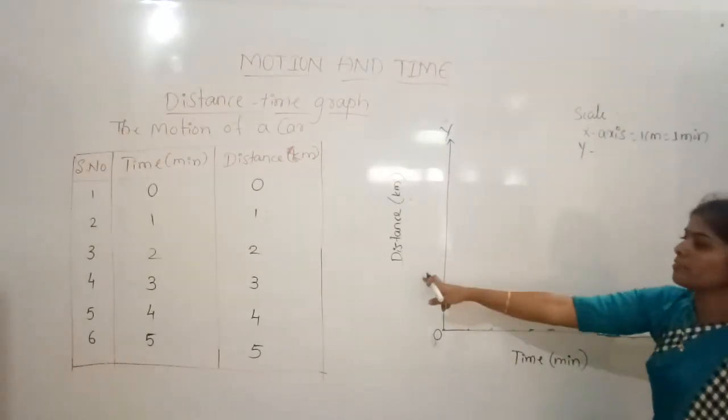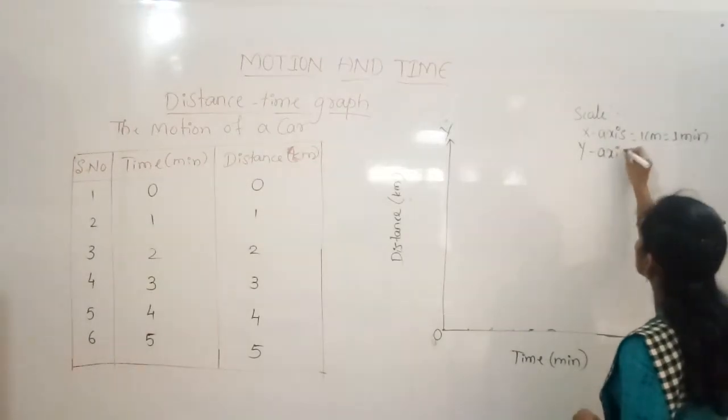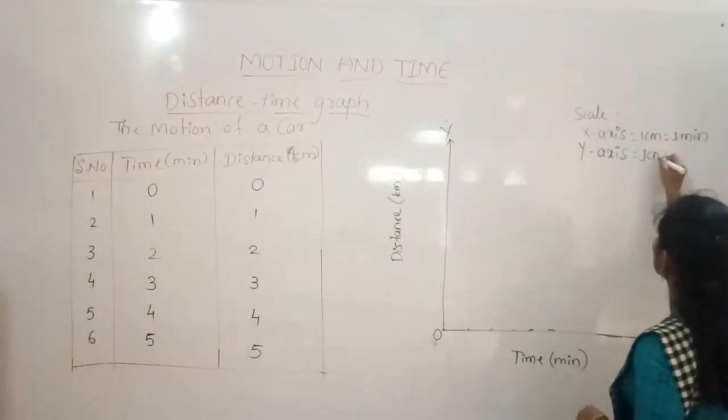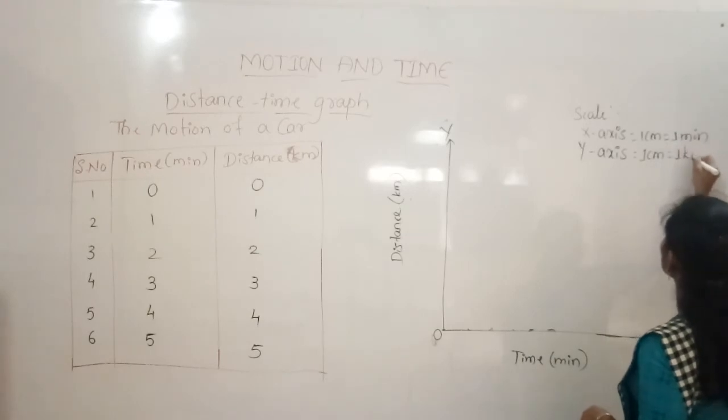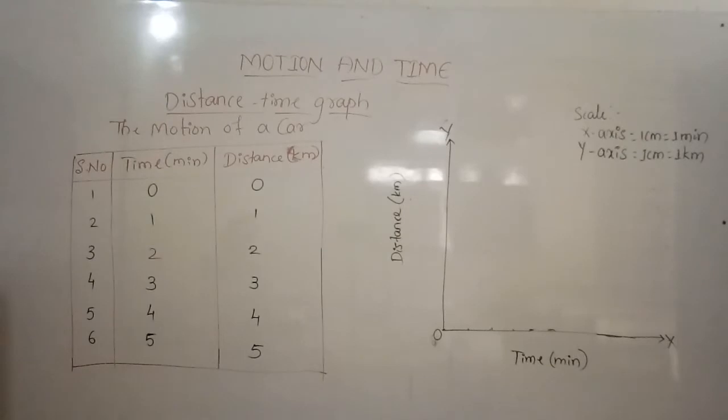Along the y-axis we have taken distance, and we can write 1 centimeter equal to 1 kilometer. This is the scale we have taken. So on the x-axis, 1 centimeter equals 1 minute, and along the y-axis, 1 centimeter equals 1 kilometer.